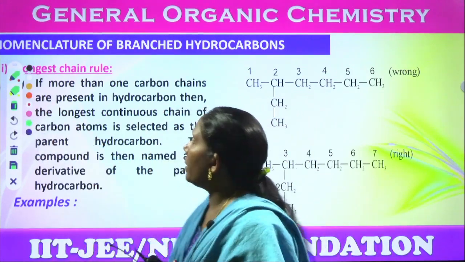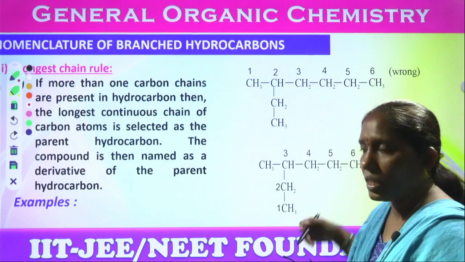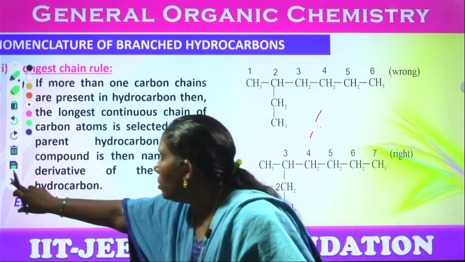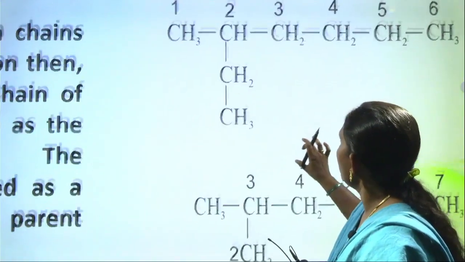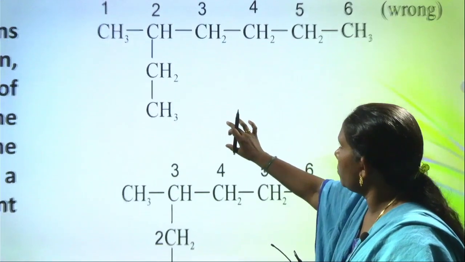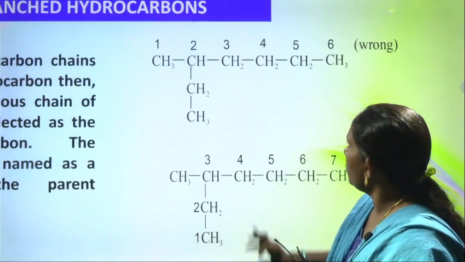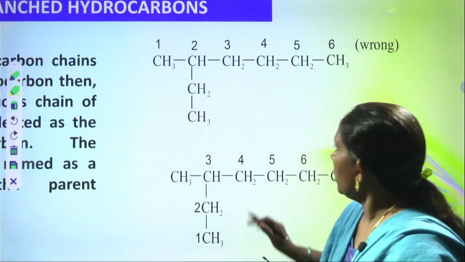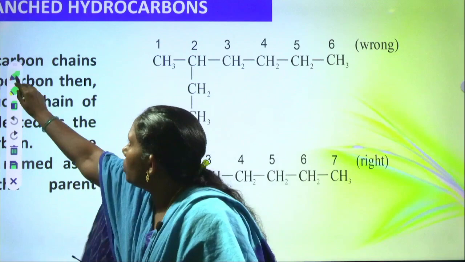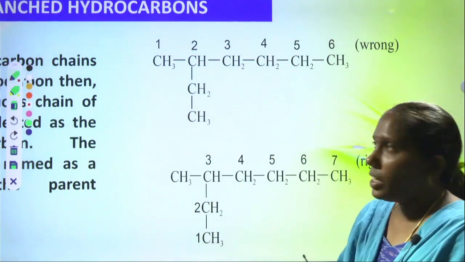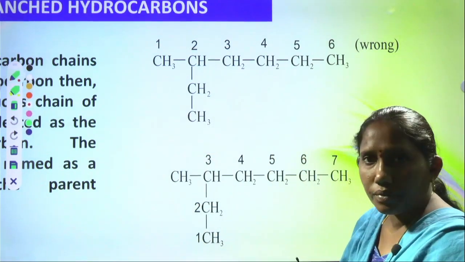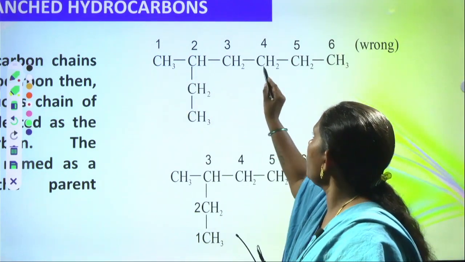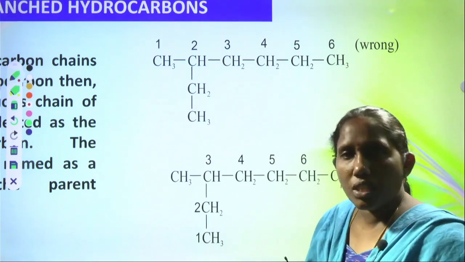So I will take 2 examples here. In the given compound, 2 examples are given. See, in the first one, they have given the numbering 1, 2, 3, 4, 5, 6, which is 6 carbons.